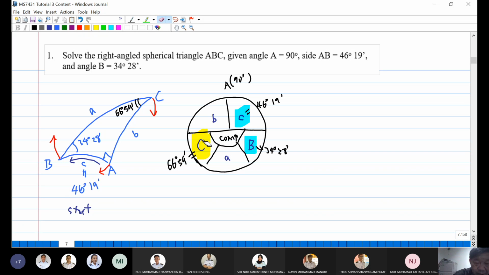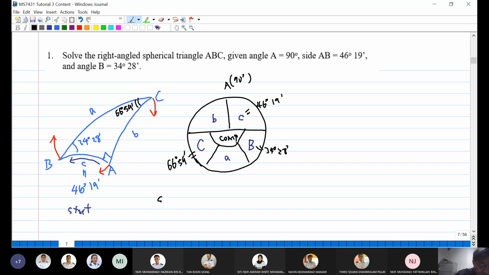So now maybe change all color now. What can I do now? Maybe I can find the side A now. For side A, we know another formula for Napier rule.